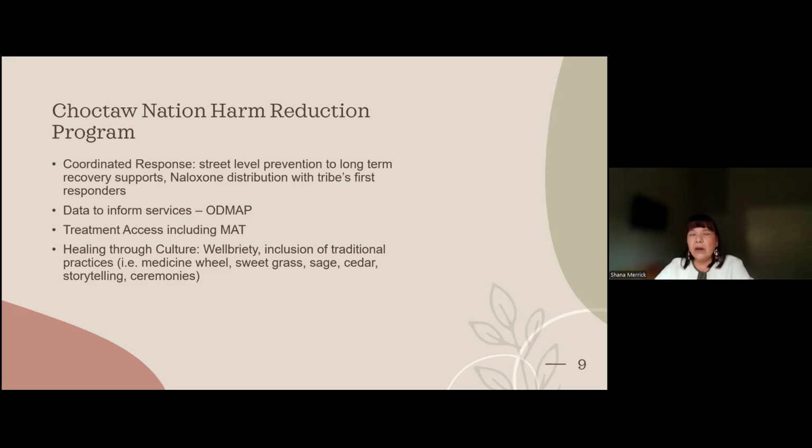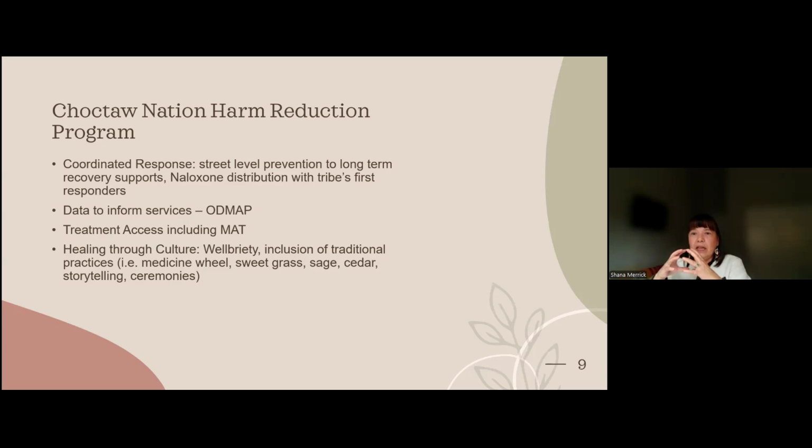Treatment access, they recognized, was an issue. And so the Choctaw Nation worked very hard at ensuring that they had the full continuum of care available within their tribal community. That services were sometimes included here because there are complexities to tribal health services. For many tribes it's a federal relationship and not to the state or local.